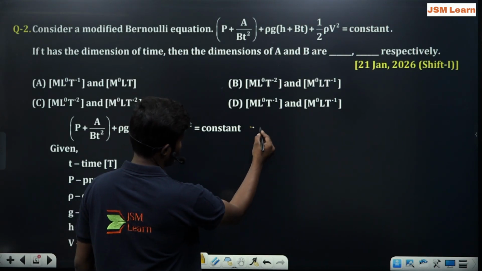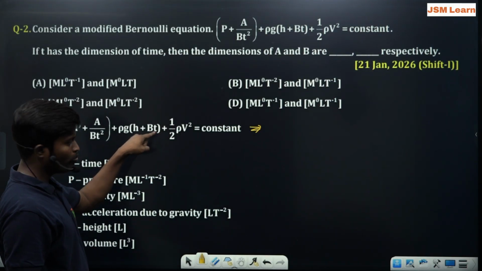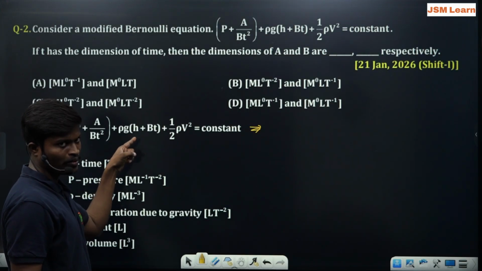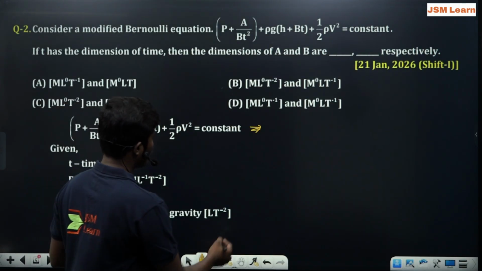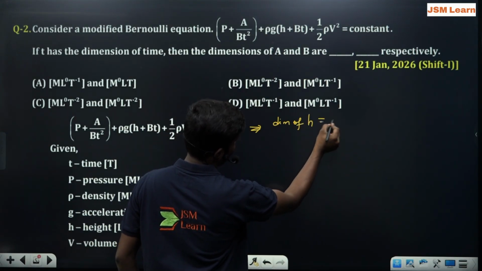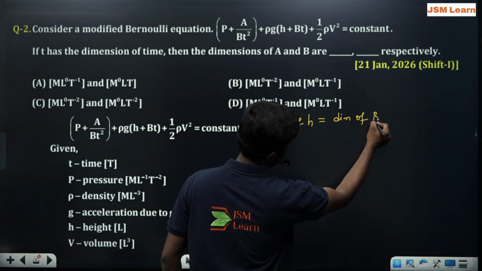From this equation, the dimensions of h will be equal to bt, because the principle of homogeneity says that these two should have the same dimensions if they have to be added. So the dimension of h will be equal to the dimension of bt.